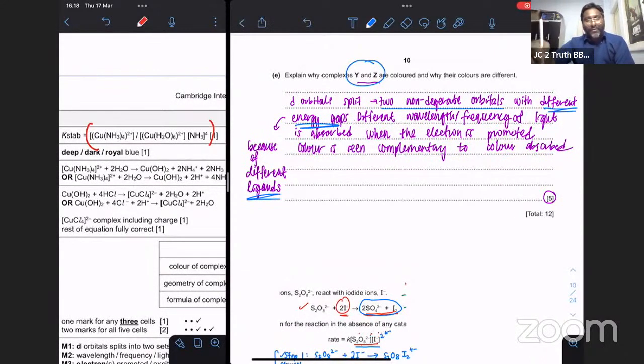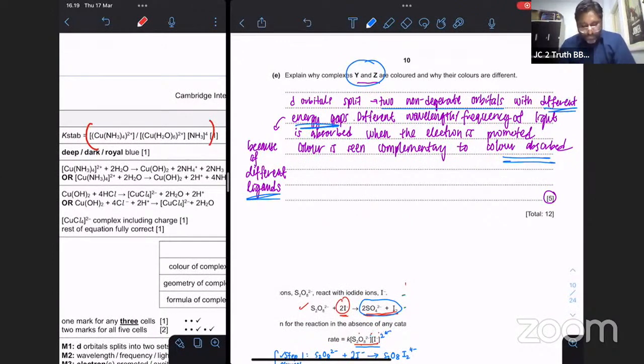Different wavelength or frequency of light is going to be absorbed when the electron from the lower energy level is promoted to the higher energy level. So they absorb different energy, and you are going to see a complementary color based on the color that is being absorbed.